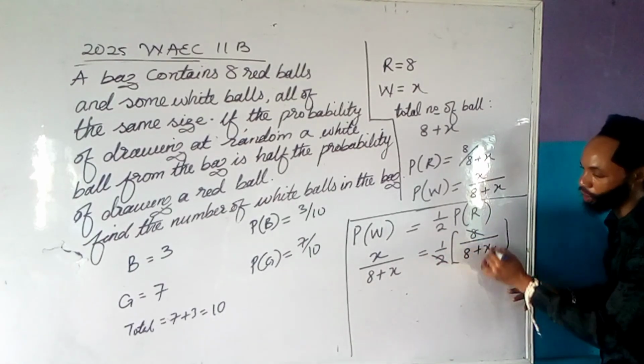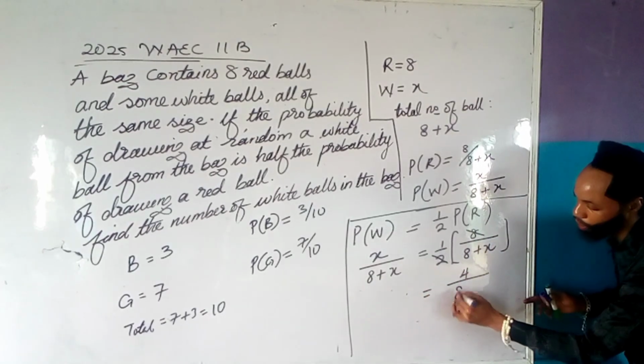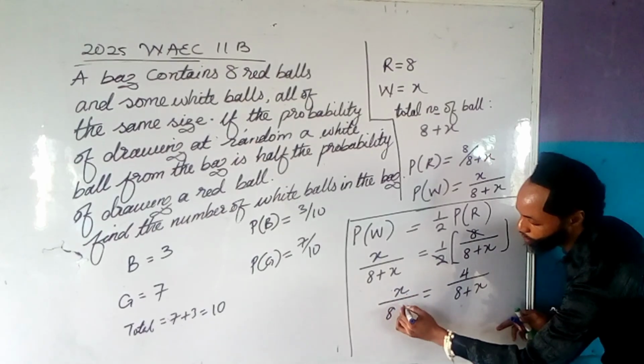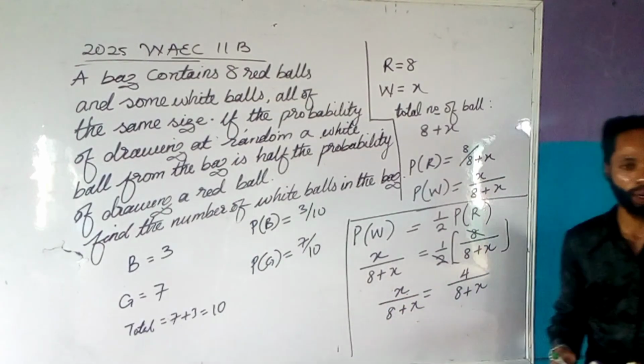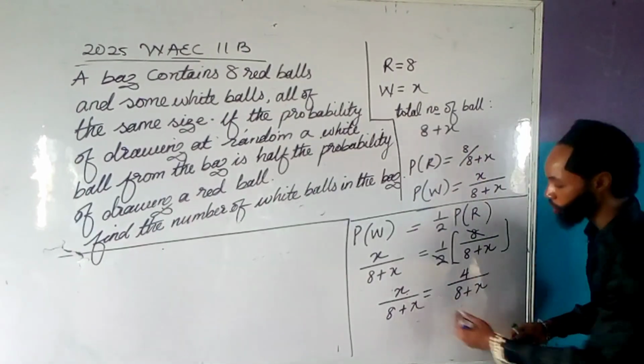So if this cancels this, we are left with 4 over 8 plus X equals X over 8 plus X. Now we cross multiply.